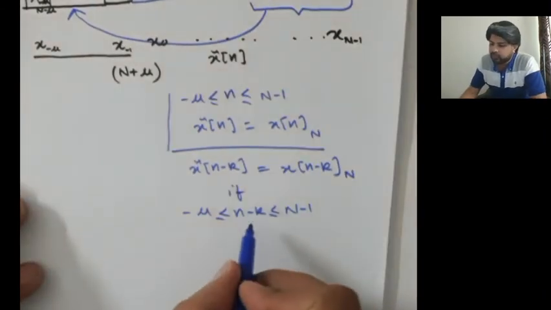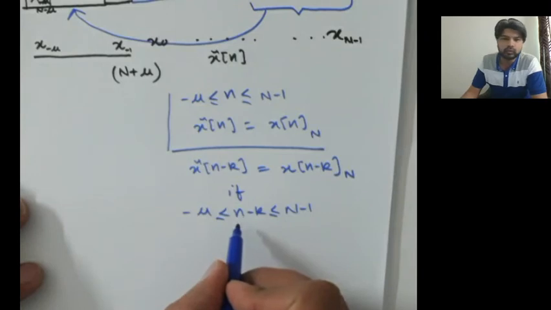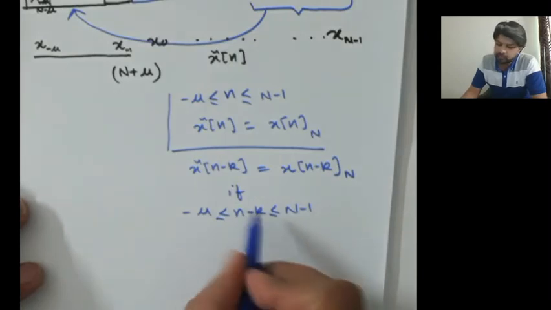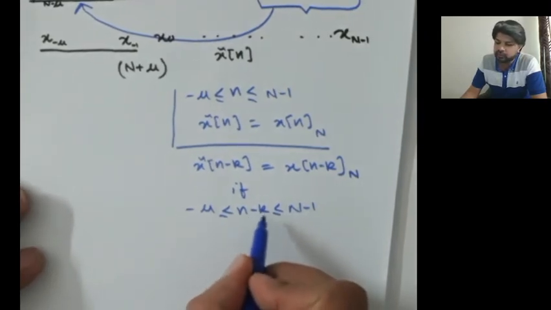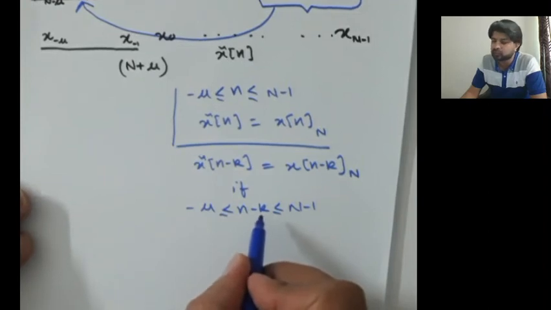Remember your n takes a value from 0 to N minus 1, and remember you would have a convolution, so this k would take values from 0 to mu, right?